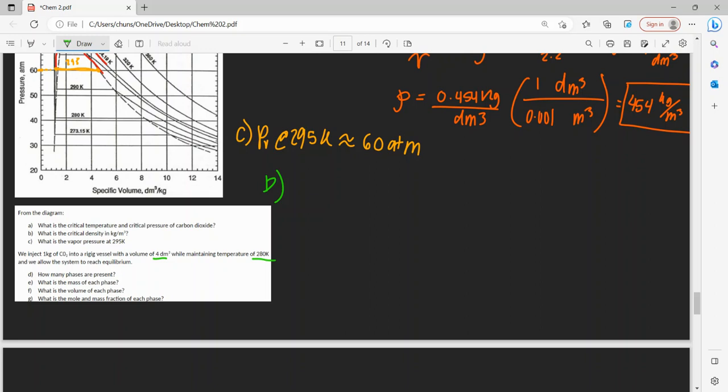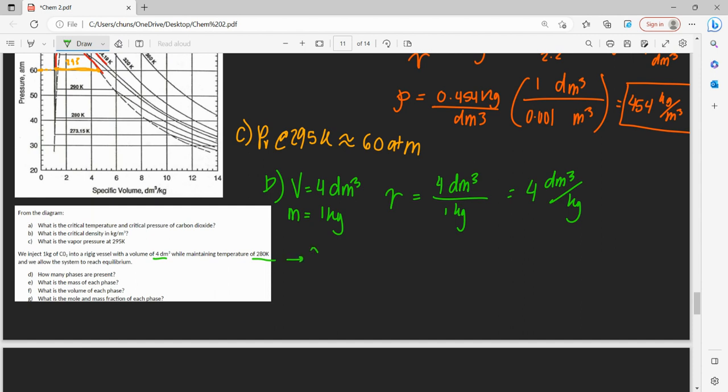So we know that volume is equal to 4, and our mass is equal to 1 kilogram. So we can find our specific volume. So specific volume is equal to our volume per our kilogram. So we have 1 kilogram CO2, and that's just going to give us 4 decameters cubed per kilogram.